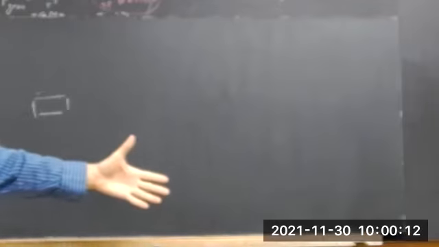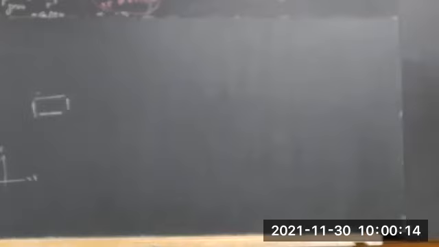Okay, so we have this rectangle down in the XY plane. So we've got an X and a Y axis. Doesn't matter where the origin is. Origin could be anywhere. We're not particularly interested in that.